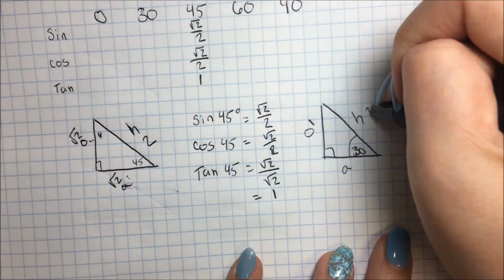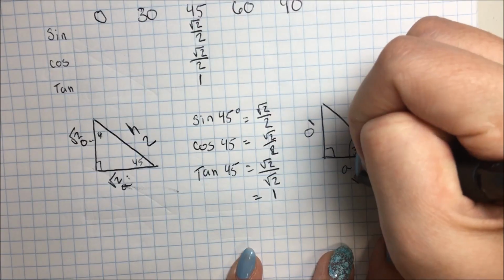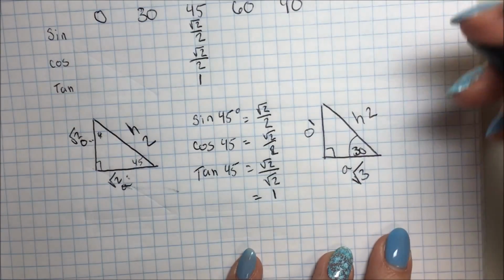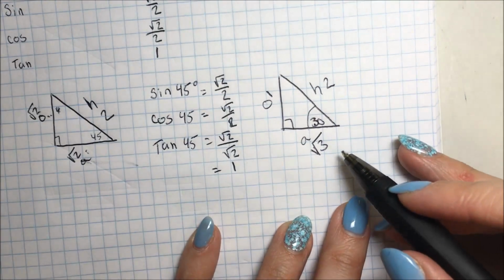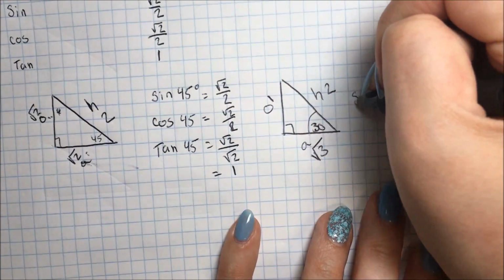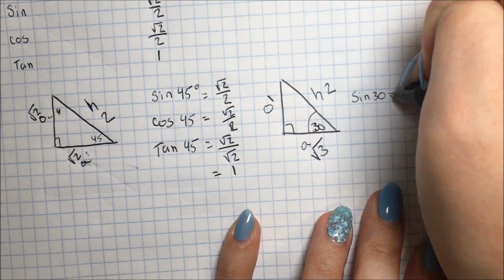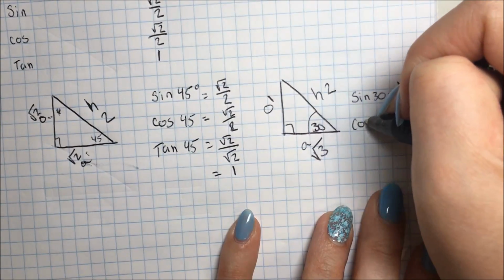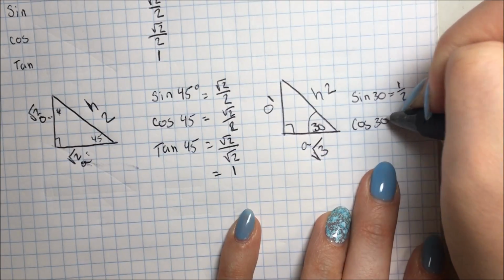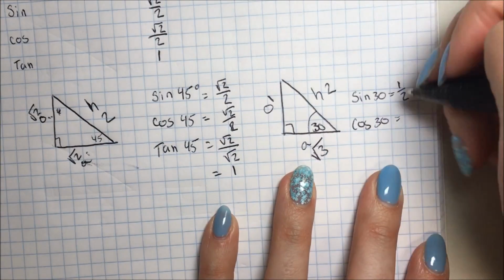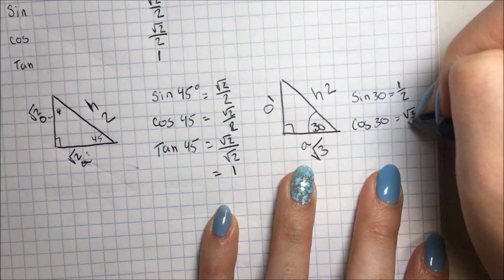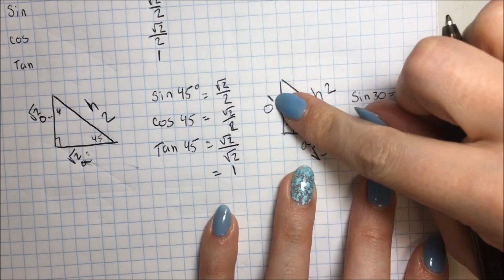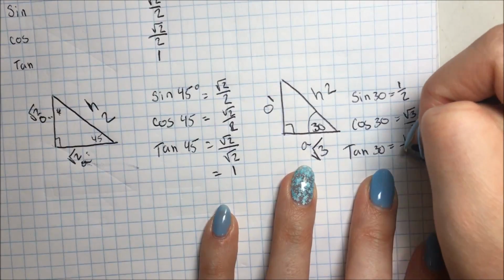The hypotenuse is always 2, and this adjacent side will be radical 3. So, if in this triangle I wanted to find the sine of 30, that would be opposite over hypotenuse, which would be 1/2. The cosine of 30 would be radical 3 over 2, adjacent over hypotenuse. And the tangent of 30 would be opposite over adjacent, or 1 over radical 3.